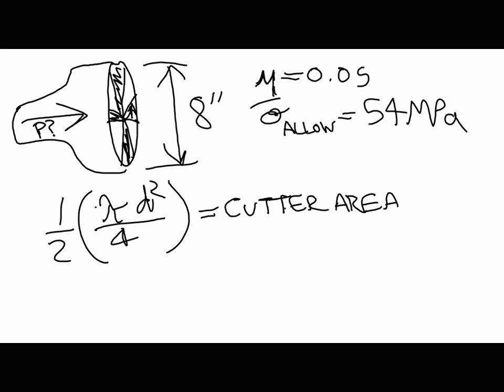We all on board? Cool. I forgot my calculator today, but it's like 64 over 4, 16, so like 8 pi, so like 24-ish, 25-ish square inches. We'll just run with that number for right now.